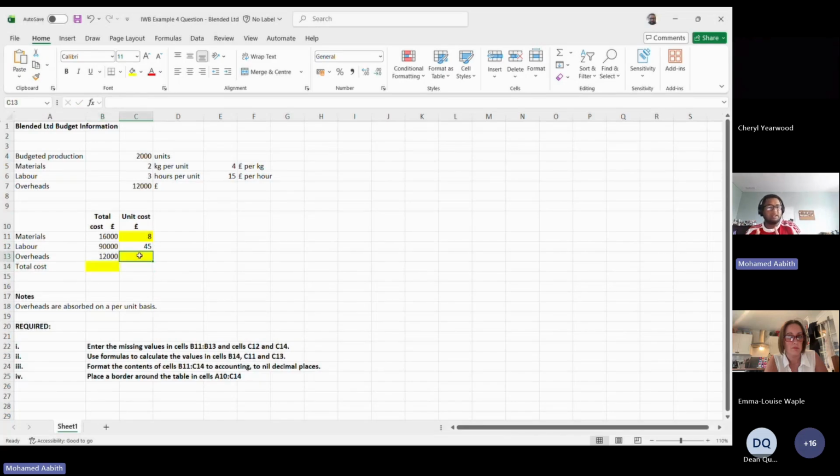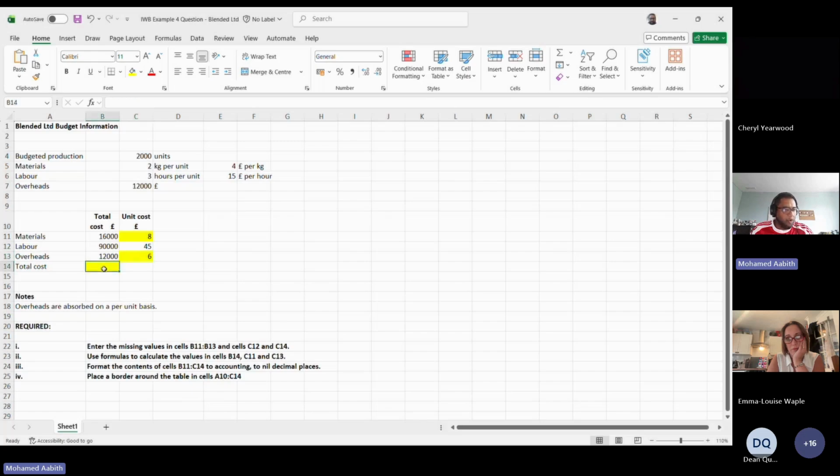And here the unit cost, I'm going to divide that number by the total number of production units. So that's going to give me £6 per unit.